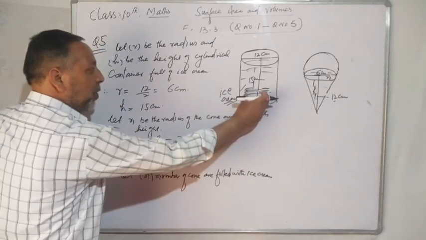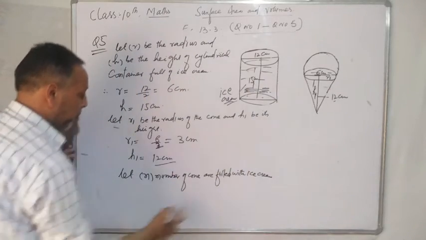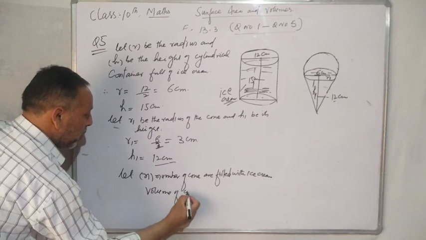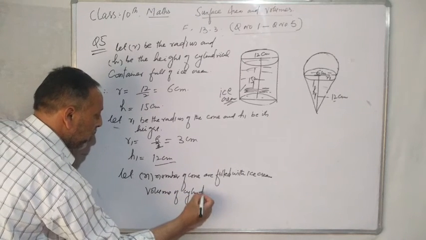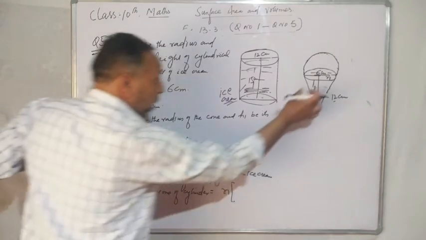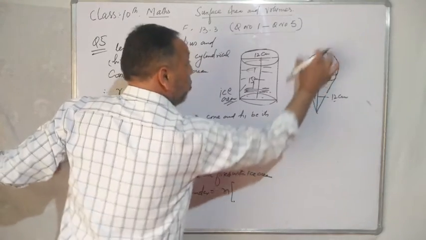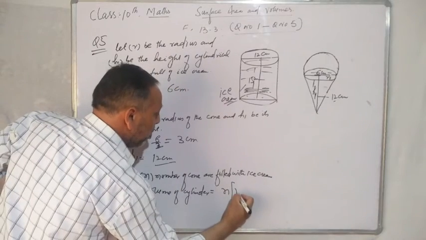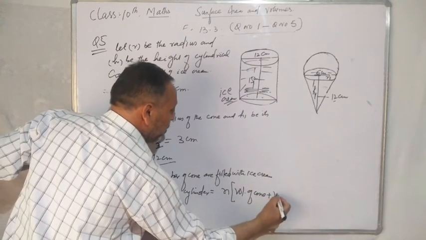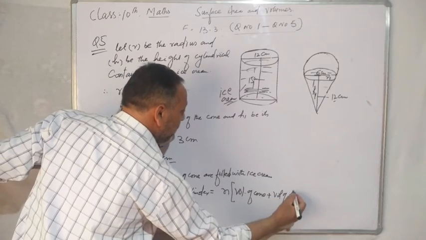It means that volume of this cylinder is equal to n times volume of cone, नीचे cone है, ऊपर हेमिस्फीयर है, it's equal to volume of cone plus volume of hemispherical top.